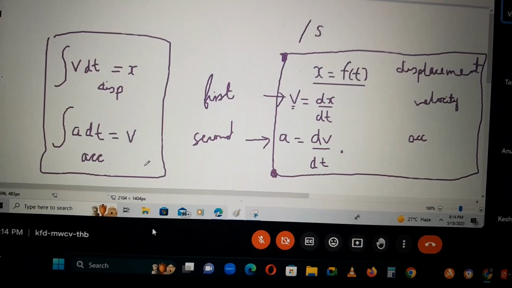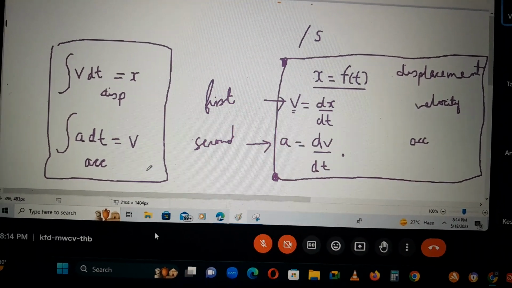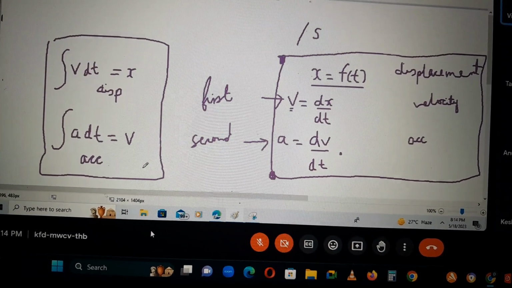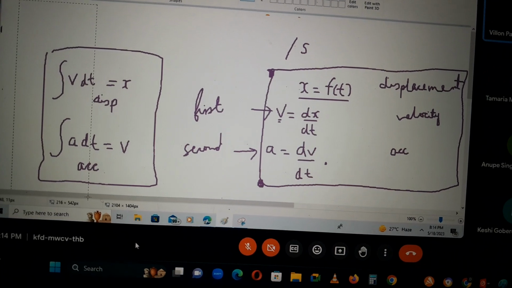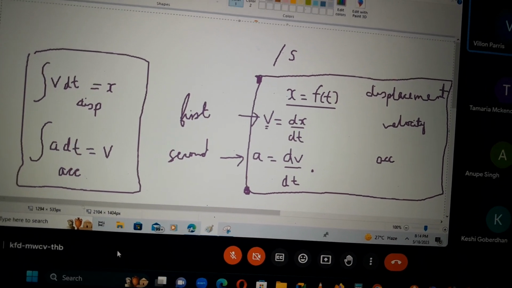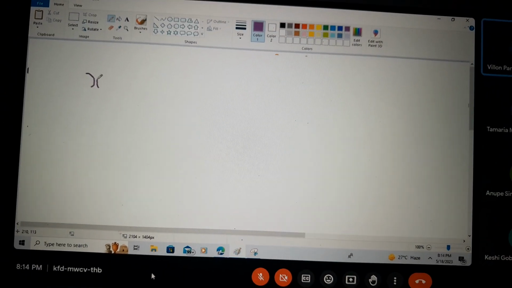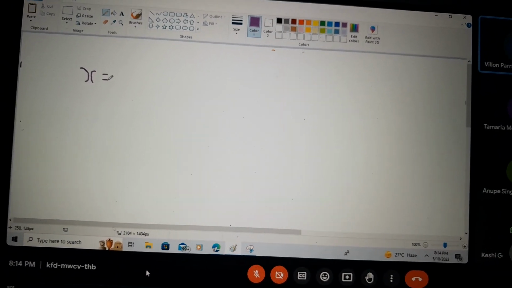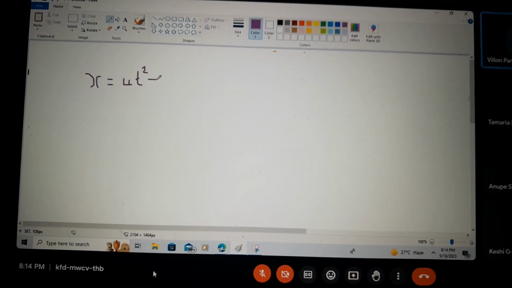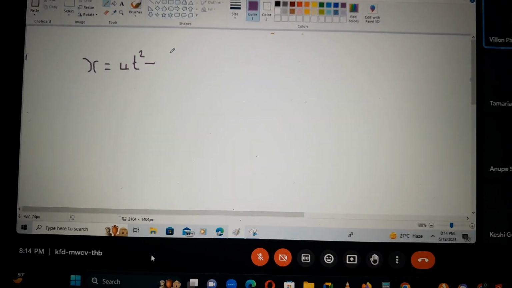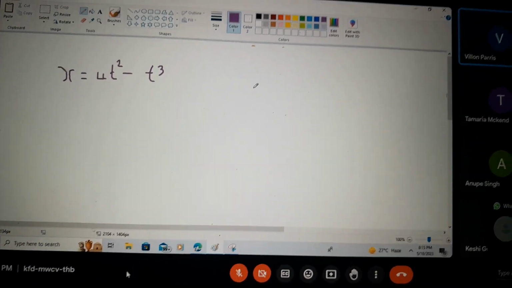Good. So now we can look at the question that I sent in the group. x equals 4t squared minus t cubed, and x is displacement, or the distance that we travel.